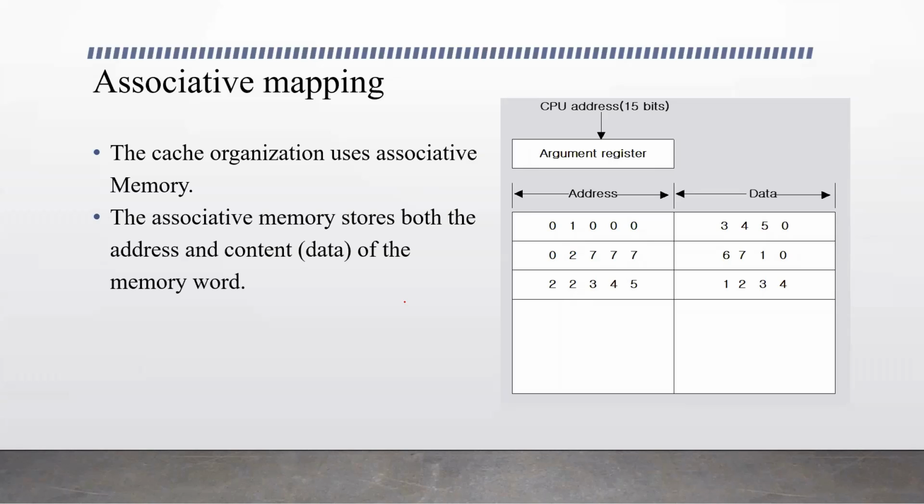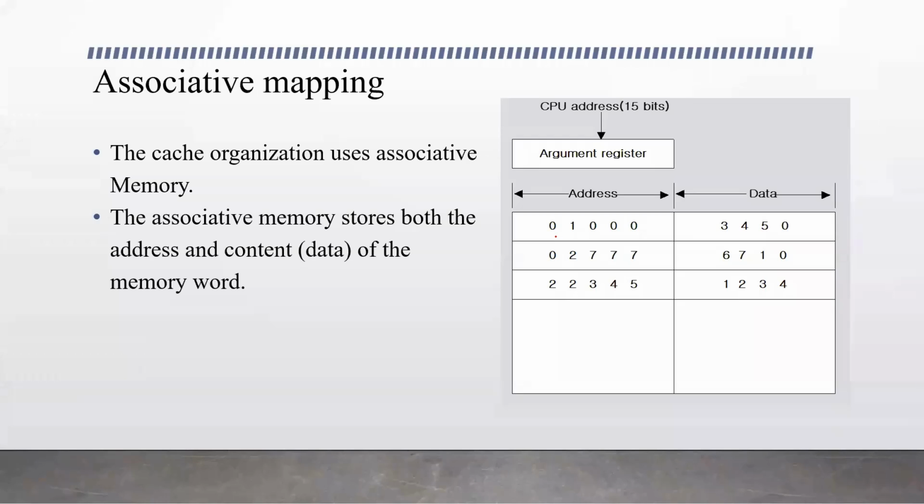So here is how this mapping is done. We are talking about cache memory, so it is cache associative memory, the cache memory that is searched by the content. The cache associative memory stores both the address and the content of the memory word.